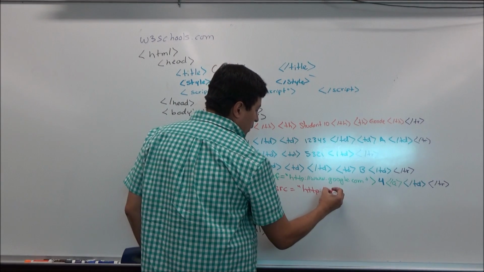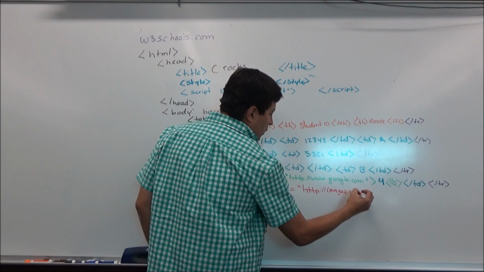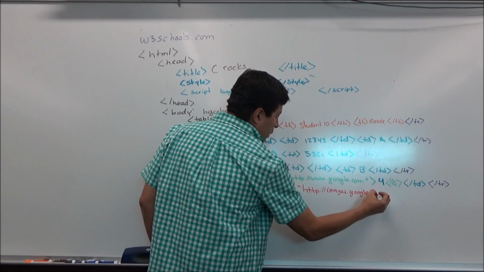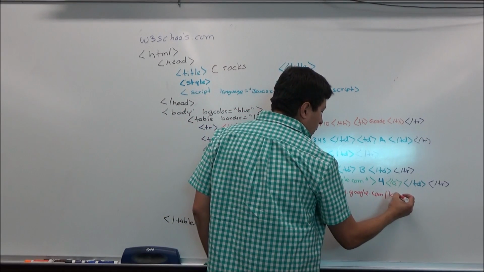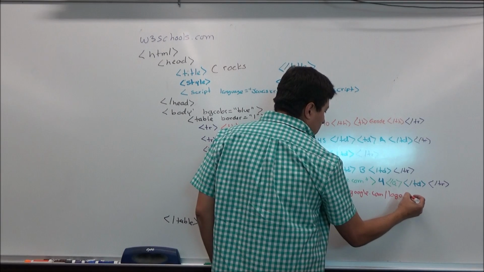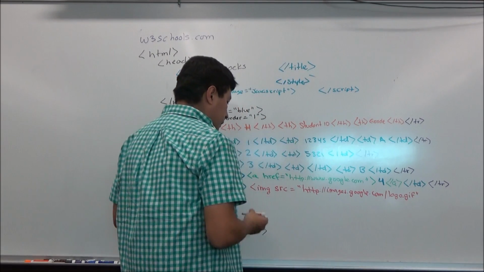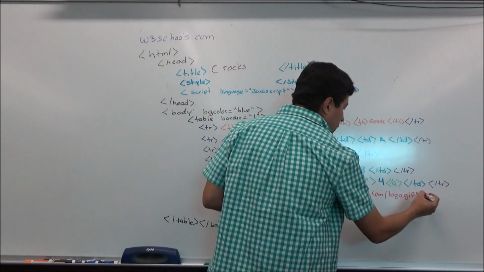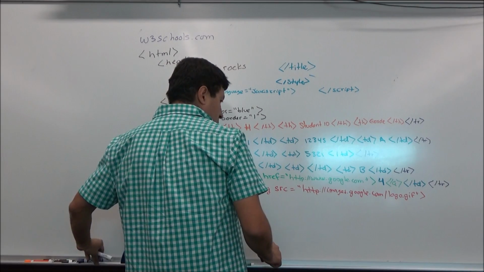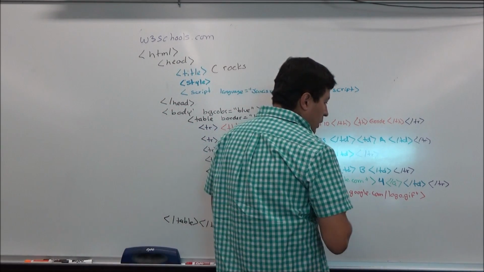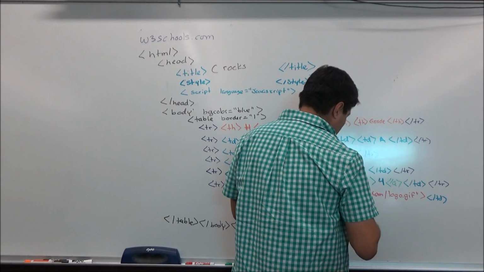I don't know, images.google.com. I mean this doesn't exist, but I just logo.gif maybe. And I close the image. And then I have to keep it, close the table tag data, and then the table row.